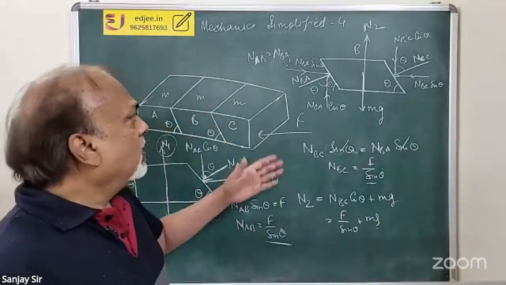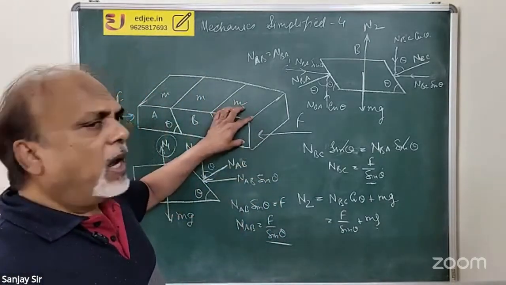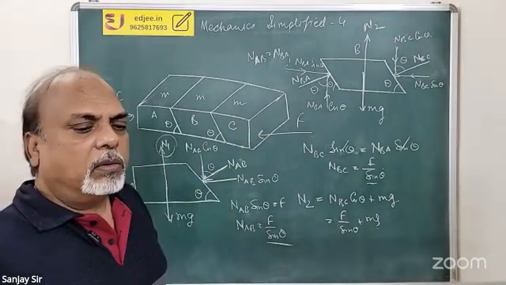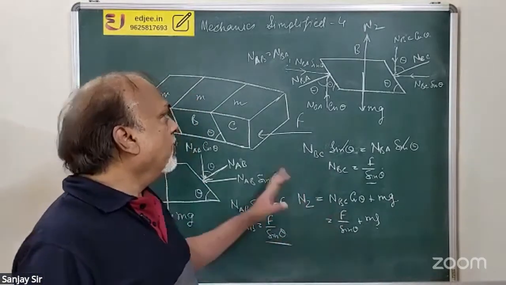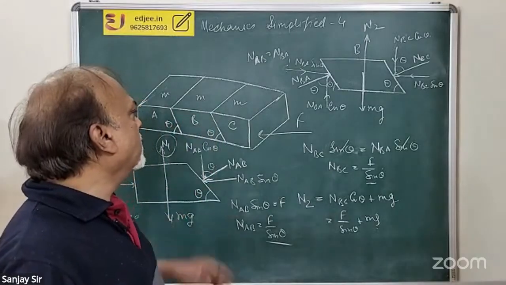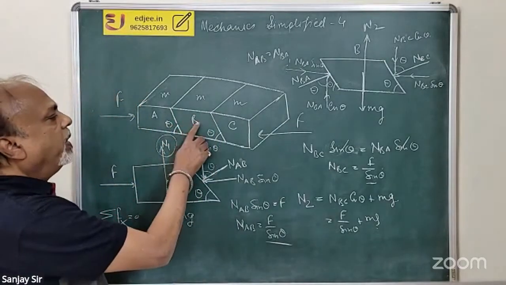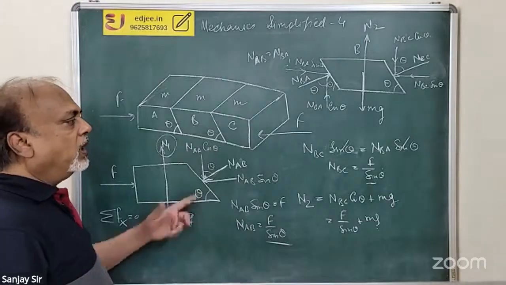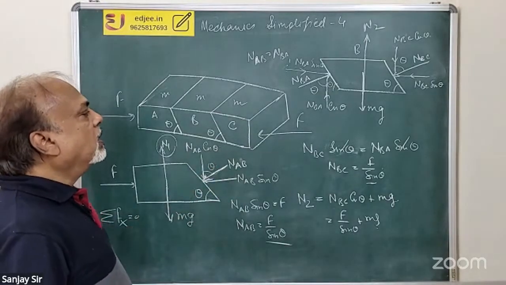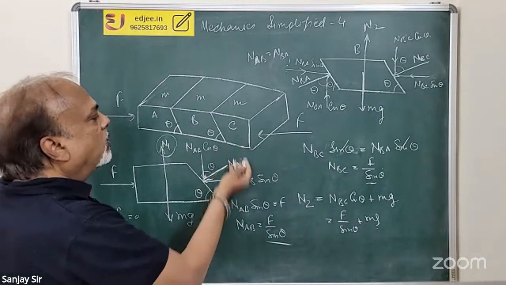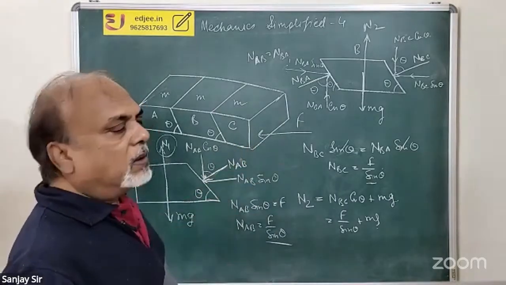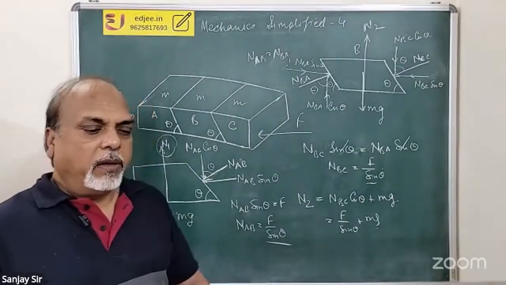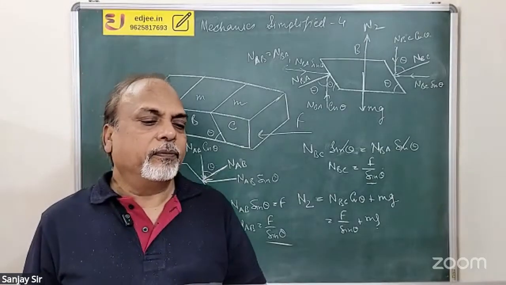So likewise, you can analyze block C also, and you can find out N3. Otherwise, these contact forces A to B and B to C you have already found out. The only thing is the normal reaction due to the surface on the block C, you can find out like this. I hope this is clear. Correct?